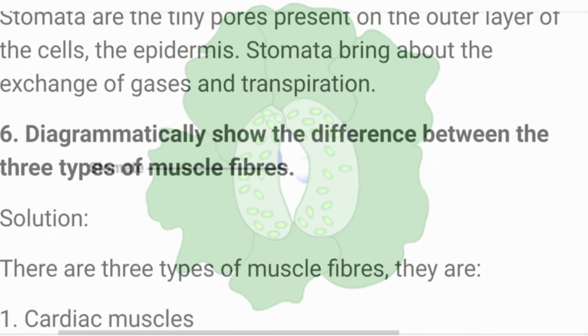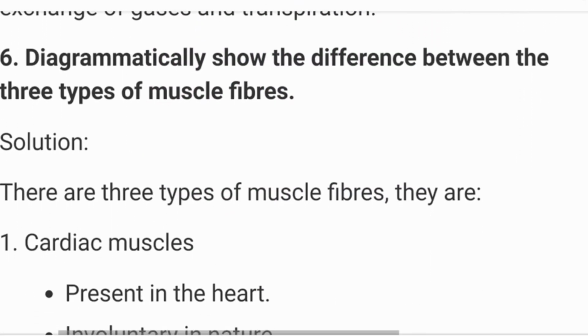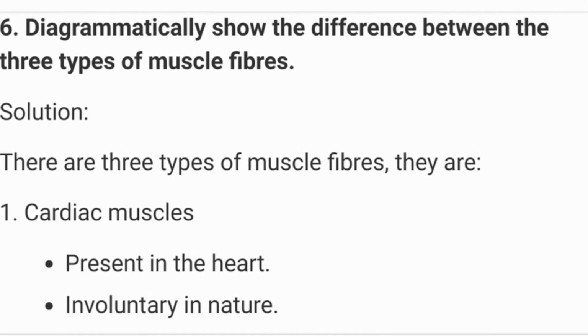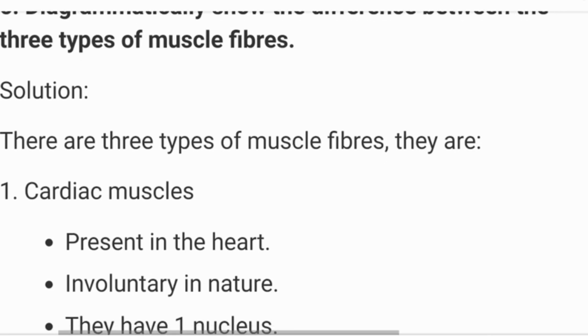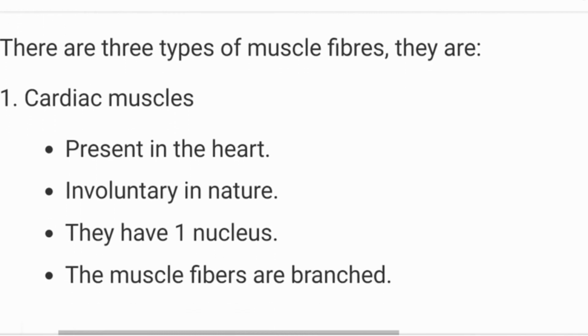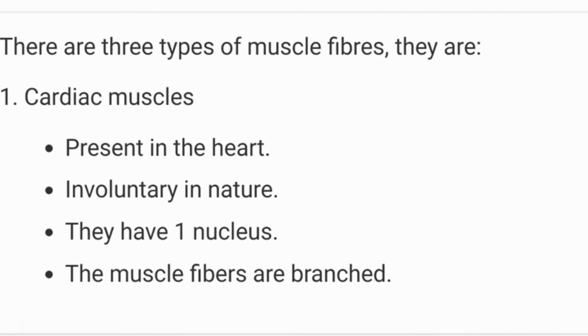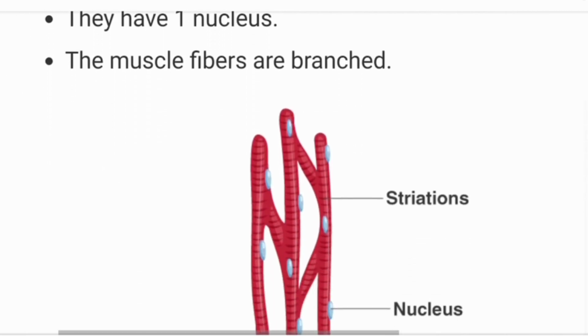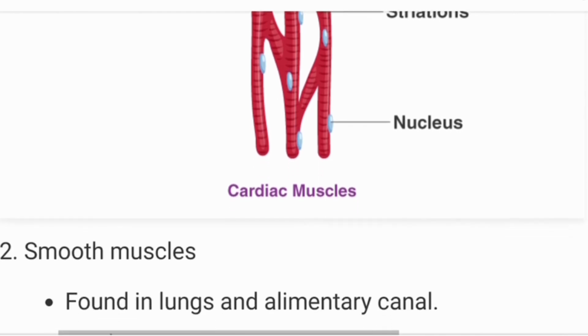Diagrammatically show the differences between the three types of muscle fibers. So the three types of muscle fibers: cardiac muscles are present in the heart, involuntary in nature, they have one nucleus, and the muscle fibers are branched. So these are cardiac muscles which are present in our heart.